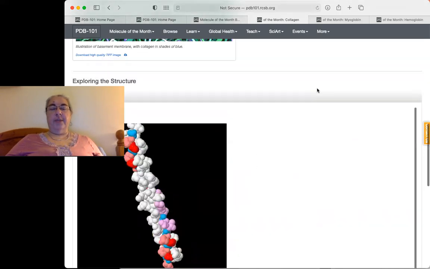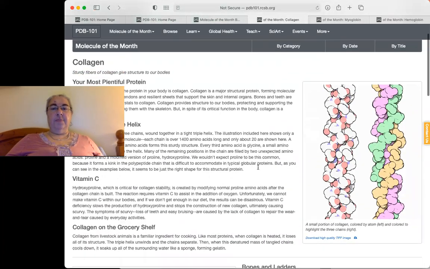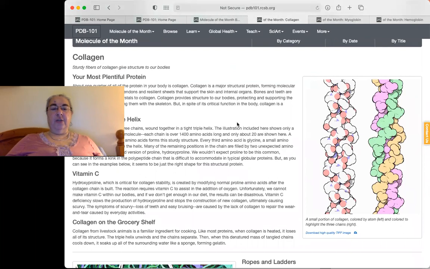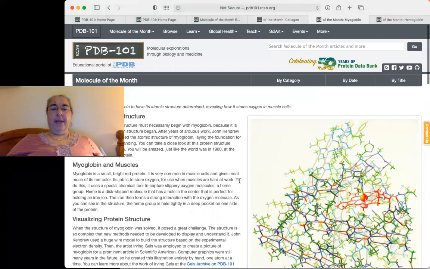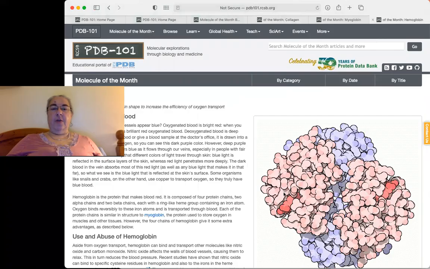Next time we're going to be looking at structural proteins, and you're going to be learning about collagen. So this is a good way to learn about collagen. Two other molecules of the month that you might want to look at, which we're going to be talking a lot more about as well, are myoglobin and hemoglobin.